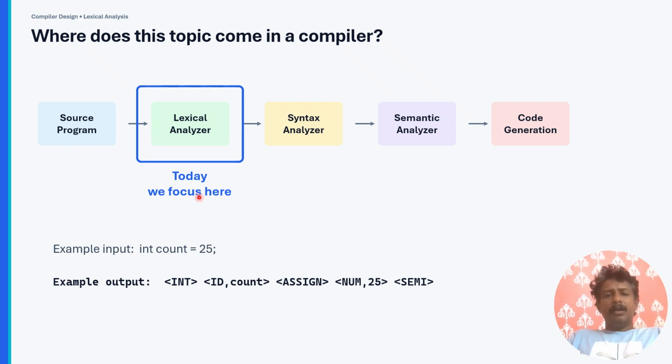For example, in the statement int count = 25;, int is a keyword, count is an identifier, equals is the assignment operator, 25 is a number, and semicolon is punctuation. Here, regular expressions help the lexical analyzer identify those patterns correctly.